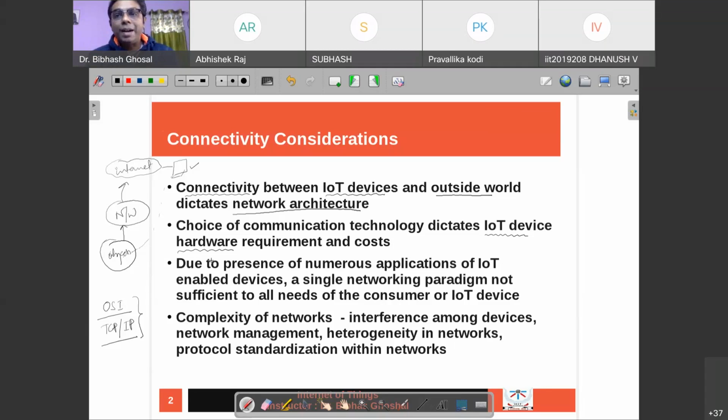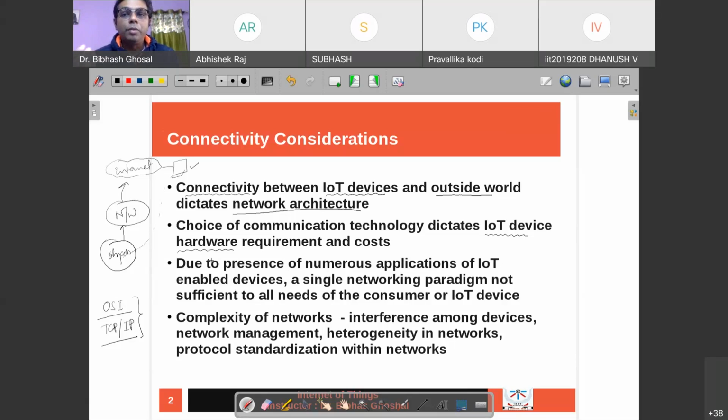So if it is a battery operated device, obviously you cannot have a very high end communication system. You need to use low power communication. And the moment you go into low power communication, which is the case of majority of devices, you automatically fix your IoT hardware. Okay. So if you say that, okay, I will be using Bluetooth, automatically you will search for a device that supports Bluetooth protocol.